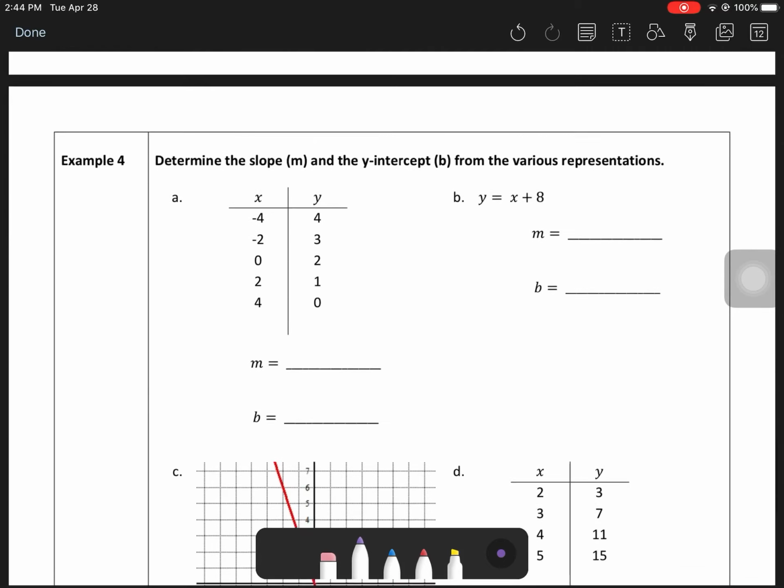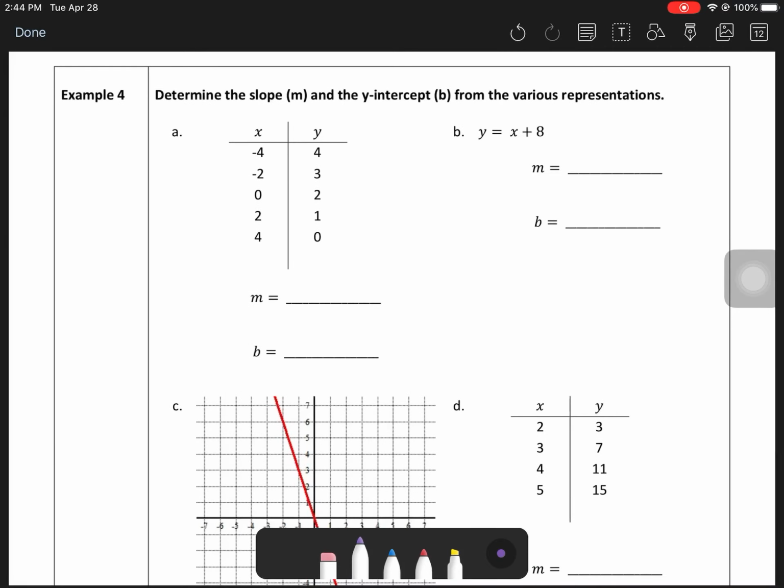So now we're going to review, going back, that we're going to find the slope and the y-intercept. So please remember, slope is designated as the letter M. Y-intercept is designated as the letter B. So in letter A, let's find our y-intercept first, because we always remember that x is equal to 0.